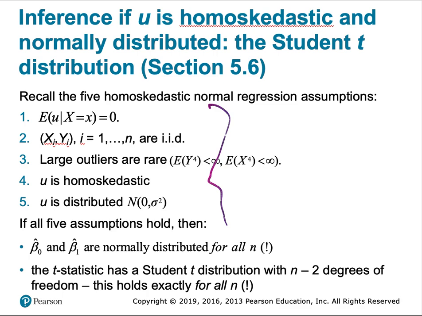We mean for all i equals 1 through n. So in the case that we have 4 and 5 holding, in addition to 1 through 3, then the test statistic has a student's t distribution for all sample sizes, whether our sample size is small or large.